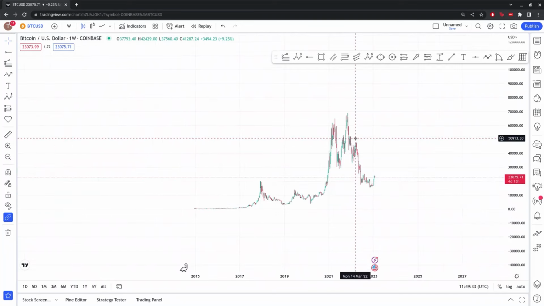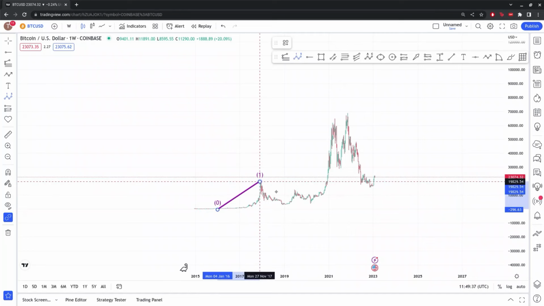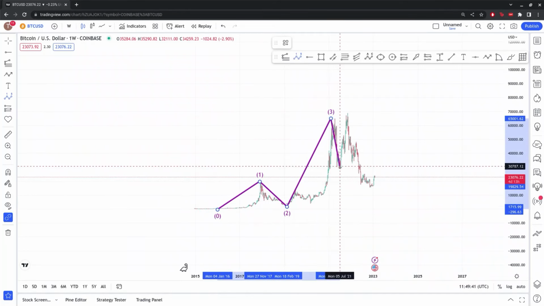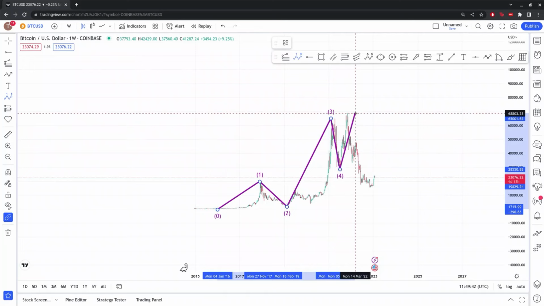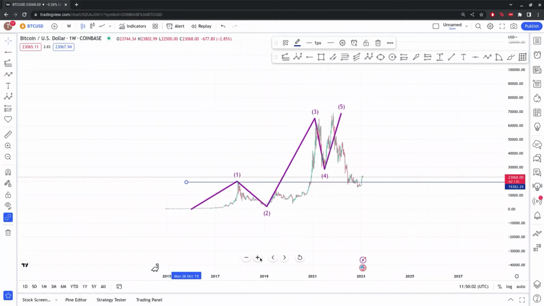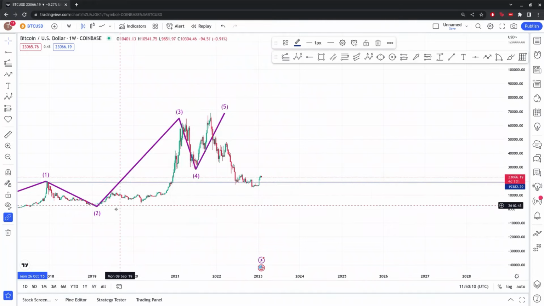So in summary of my analysis, this is the first wave, the second wave, the third wave, the fourth wave, and the fifth wave. And I said it's a flip zone because a flip zone is an area of resistance that turned to an area of support. As you can see down here, the market respected this area and it attained a form of support around this area.